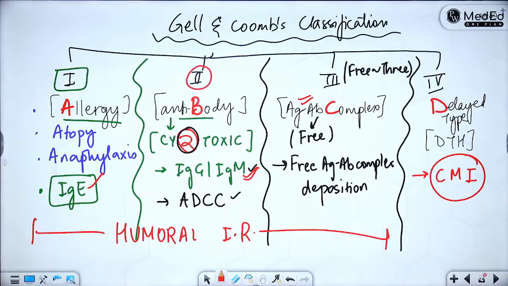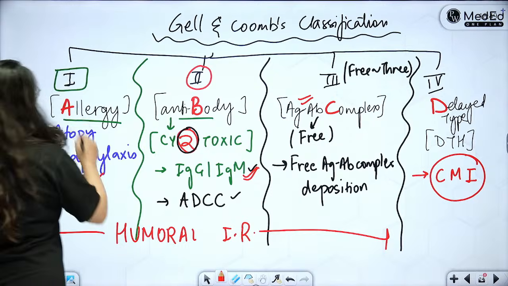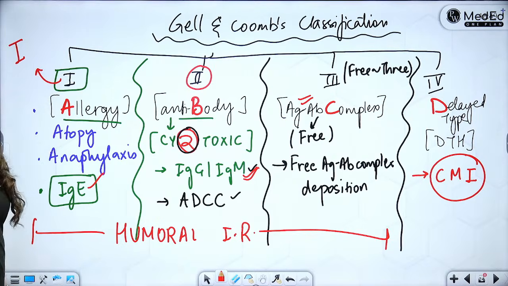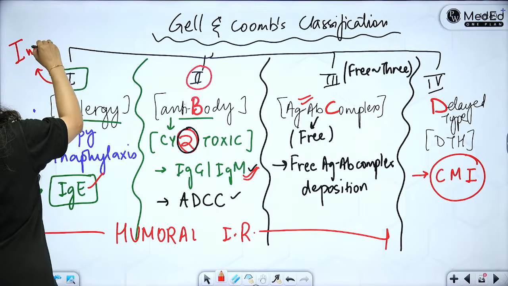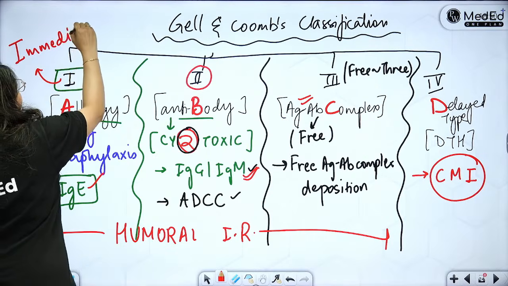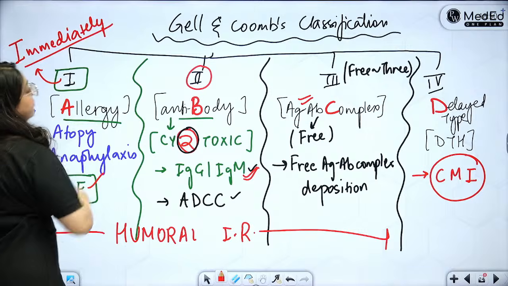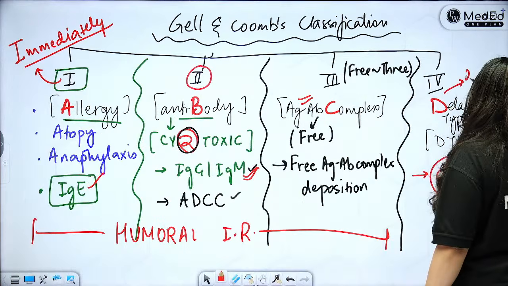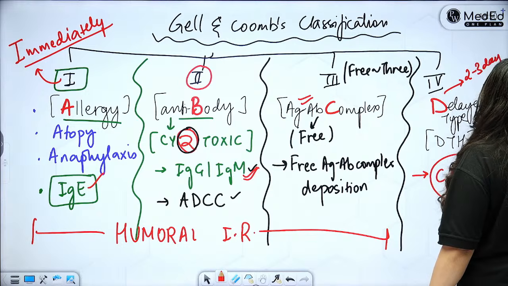ठीक है? Now, one kind of looks like I, right? One looks like I. So, type 1 hypersensitivity happens immediately, within a few seconds. Whereas delayed type is delayed, so it will take almost 2 to 3 days to develop.